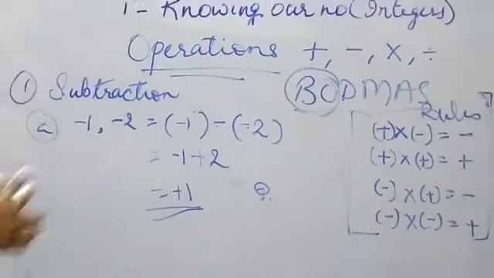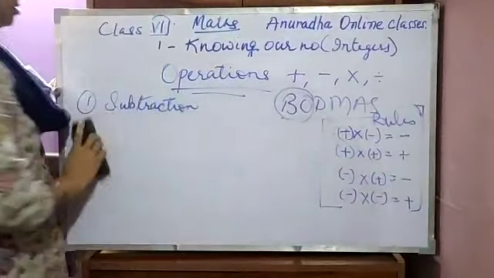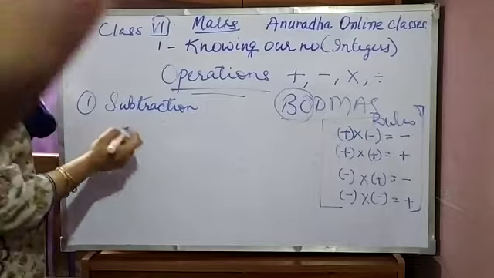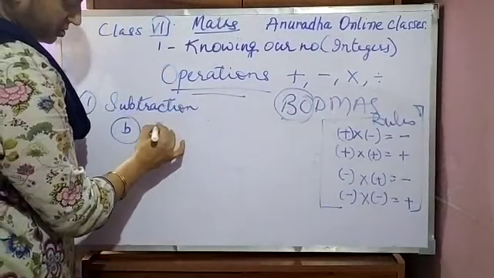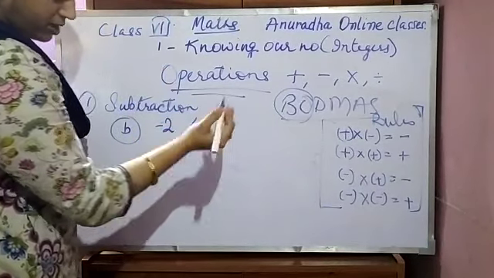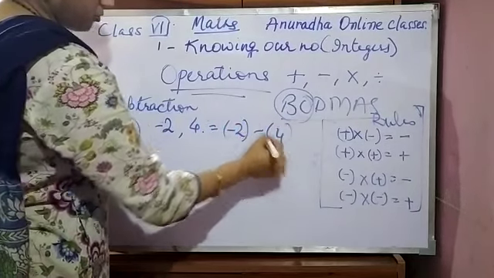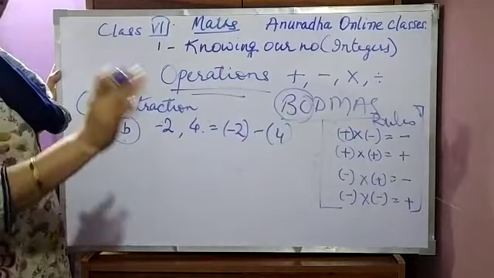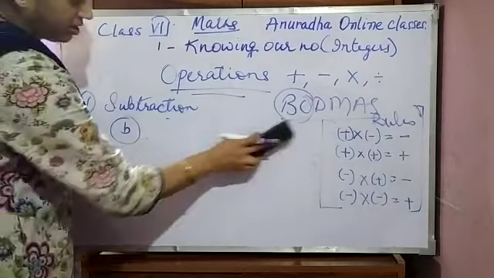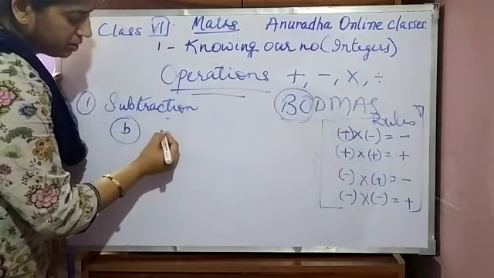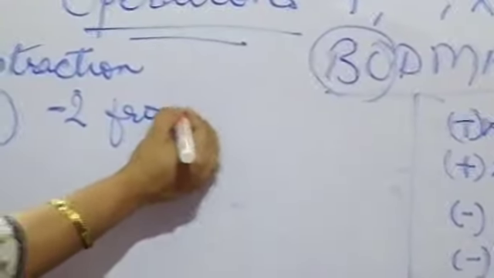So you just try more and more sums. Let me tell you one more example, then I'll wind it up. Let us take one negative and one positive integer, like minus 2 and plus 4. One more thing, in subtraction many kids have problems. Sometimes it is written like this: subtract minus 2 from 3.